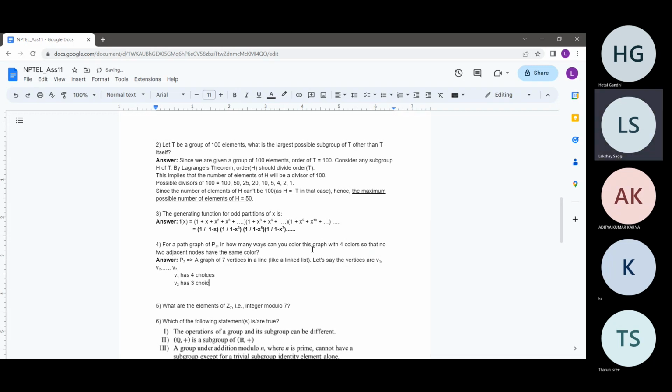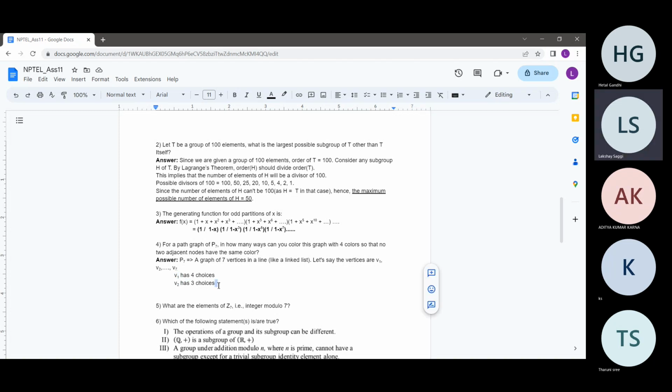Why is this the case? Because suppose V1 gets the color red, then V2 can have any color except red. So if there were four choices in total, V2 will only have three choices because the fourth choice would already have been taken by V1.